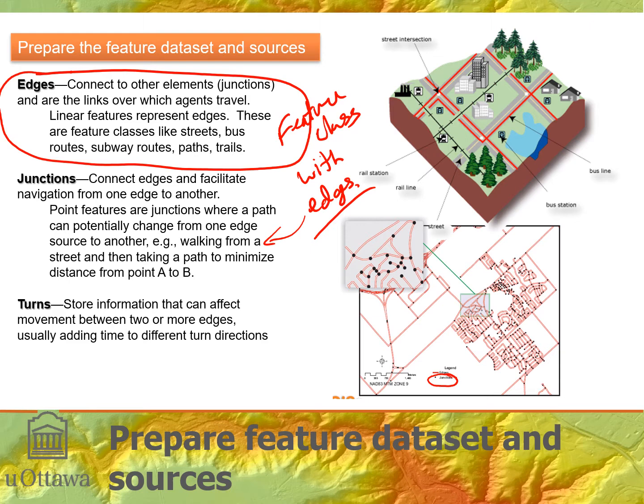And again, junctions are important in a network dataset because they determine where you can change direction within the network when traveling through it, right? So at a junction point, you can either go in one direction or the other. You can't change direction mid-edge anywhere in a network dataset.